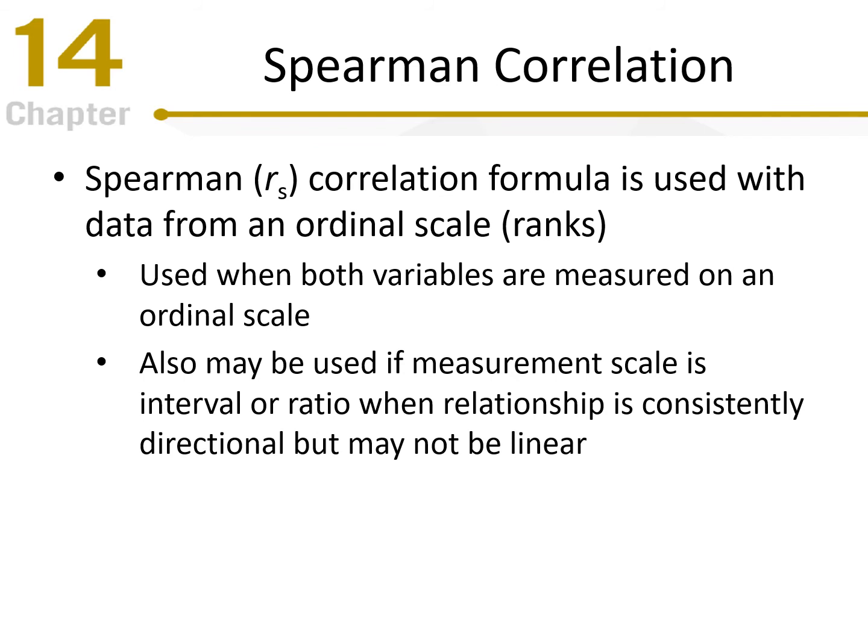You could also use Spearman's rho in the case where you have nonlinear data and you want to use ranks instead of the actual values of the data, because the data is nonlinear. And so you're trying to find an alternative to Pearson's r, because Pearson's r is for linear data, and you have a nonlinear relationship, then you could try to use Spearman's rho too.